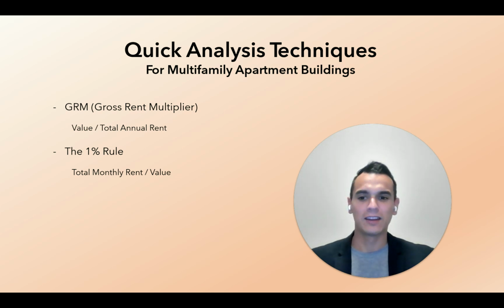Maybe you're having to look at some serious, cheap Class C product to get anywhere near 1%. But back in more normal times, you may have seen 1% as a good benchmark to reach. Now you might be saying, I did this on a handful of deals, and I was looking at 0.65 to 0.7 percent.